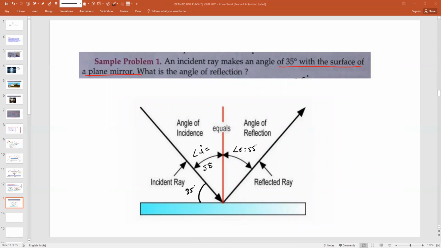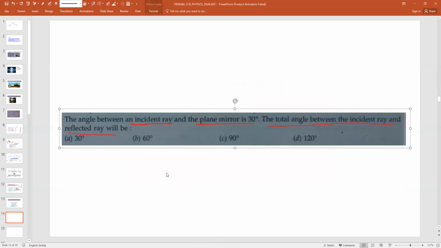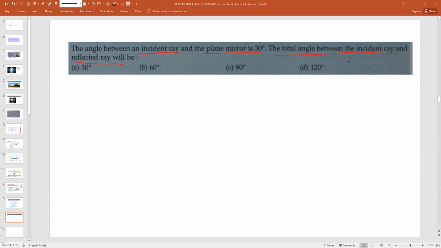Okay, another problem. Very simple one. Can you go for it? Yes. 120 degrees.